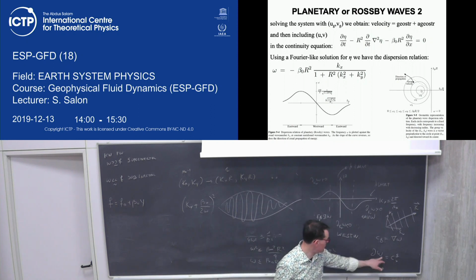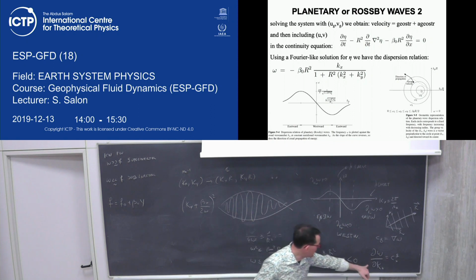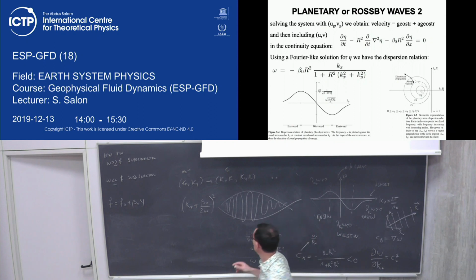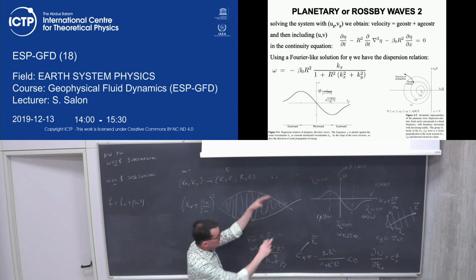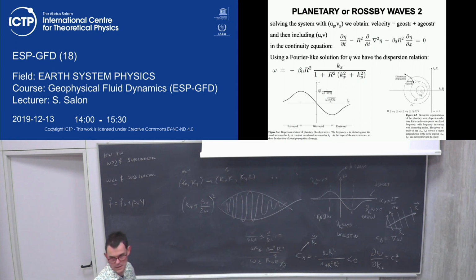When I vary the frequency among the whole spectrum and see how it behaves as a whole, that's why I have the group velocity. So the group velocity is related to the whole behavior of the waves.